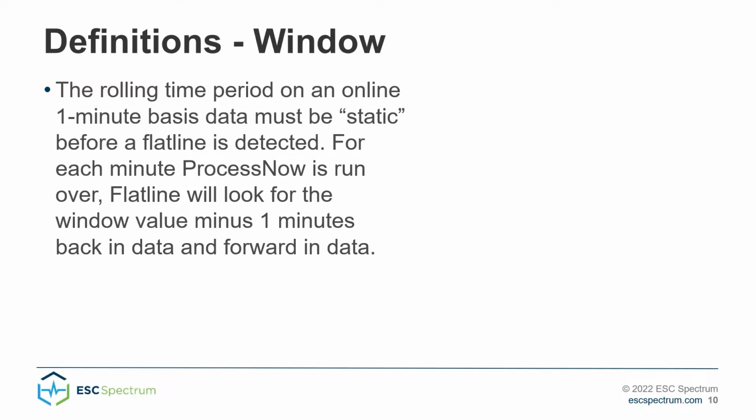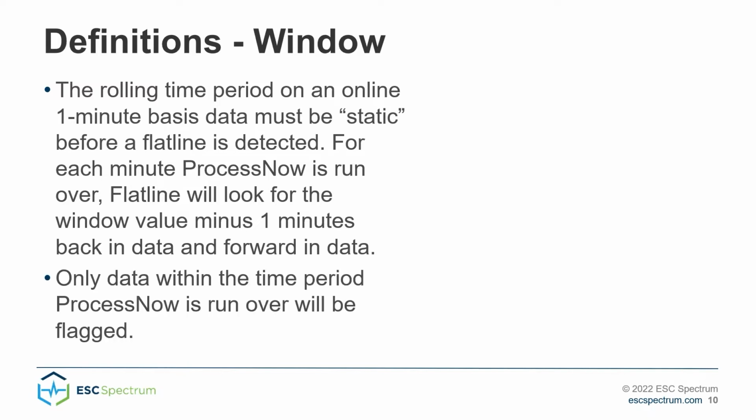So if you have a window of 30 minutes, for a given minute, data will be checked 29 minutes before that 1 minute data point and 29 minutes after that data point.